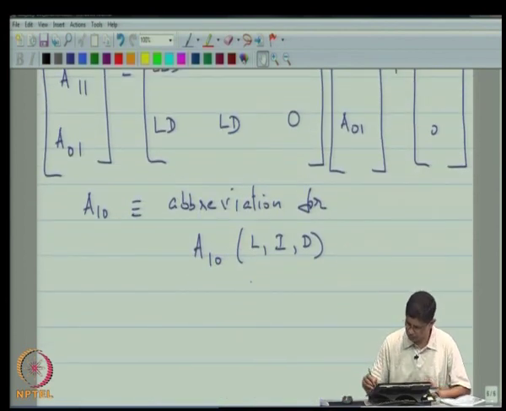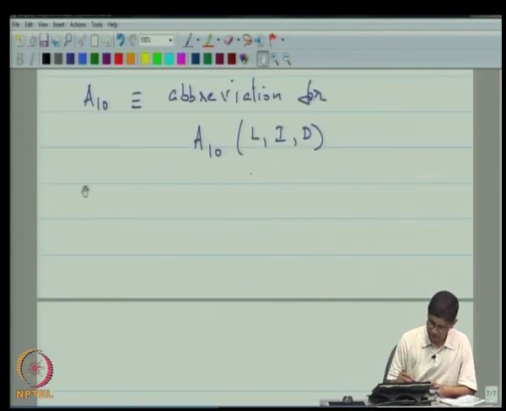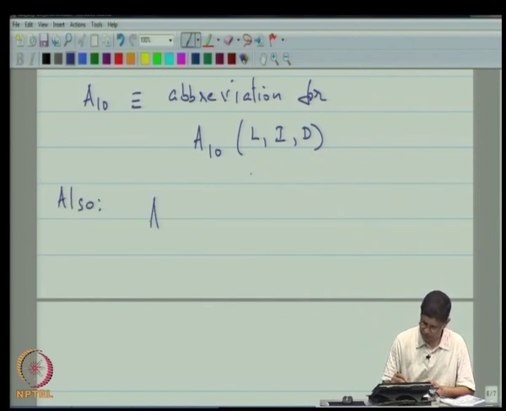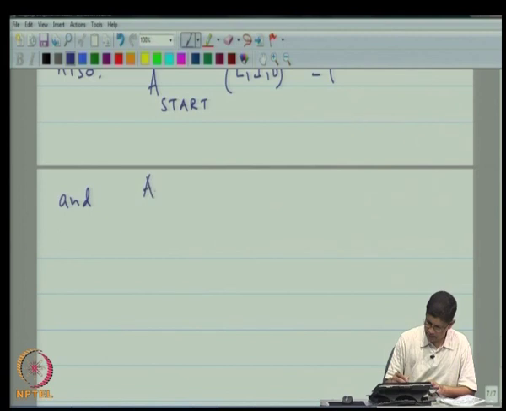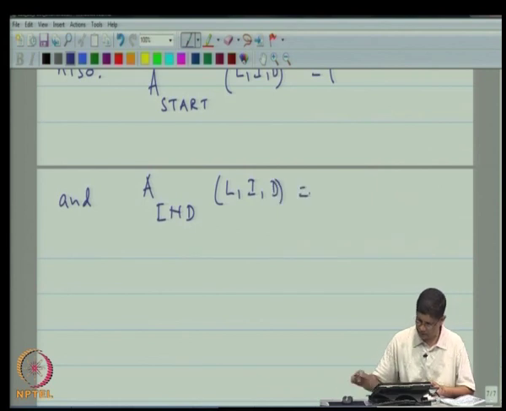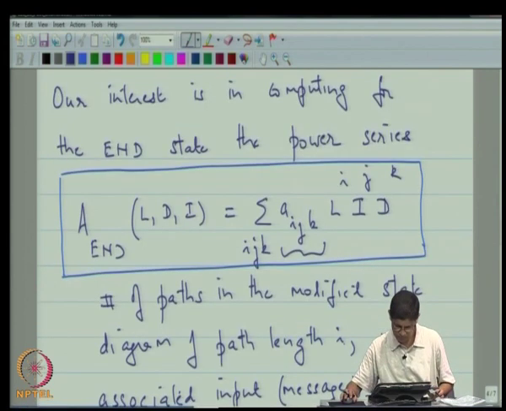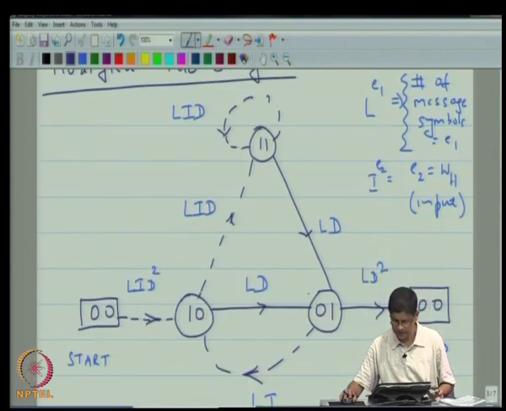In addition to whatever you see here, we also have that A start of L, I, D is just 1, and A end of L, I, D is the generating function for, from this figure, if I know the generating function for the state 0 1, I just need to multiply by LD squared to get the generating function for A end.